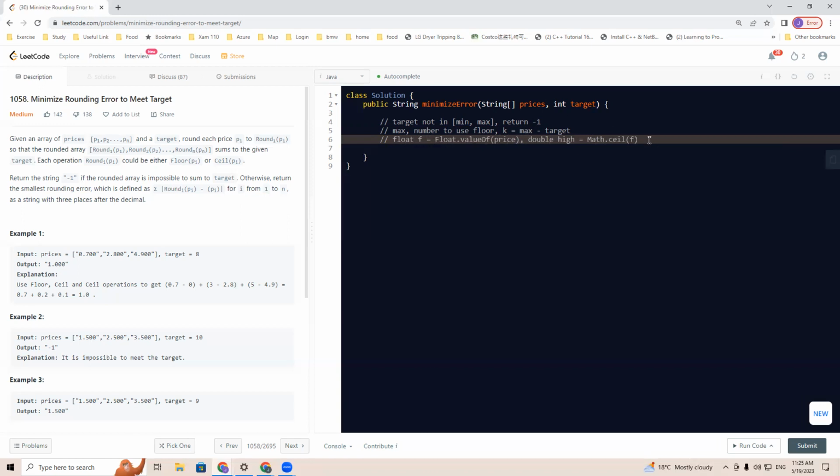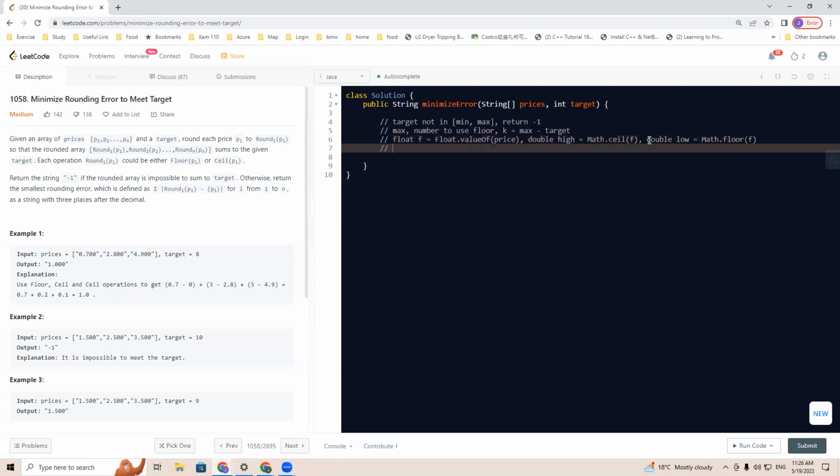And we can also have the double floor equals Math.floor. We can use this kind of Math.ceil and Math.floor function to get the double type. That is the third thing we need to take notice of.